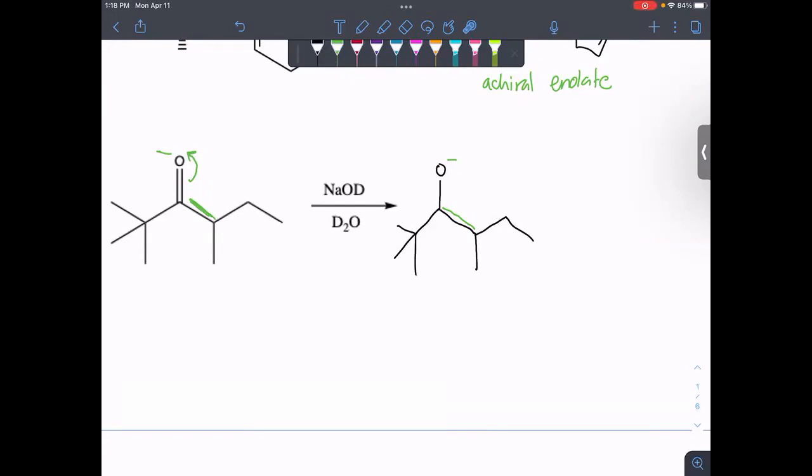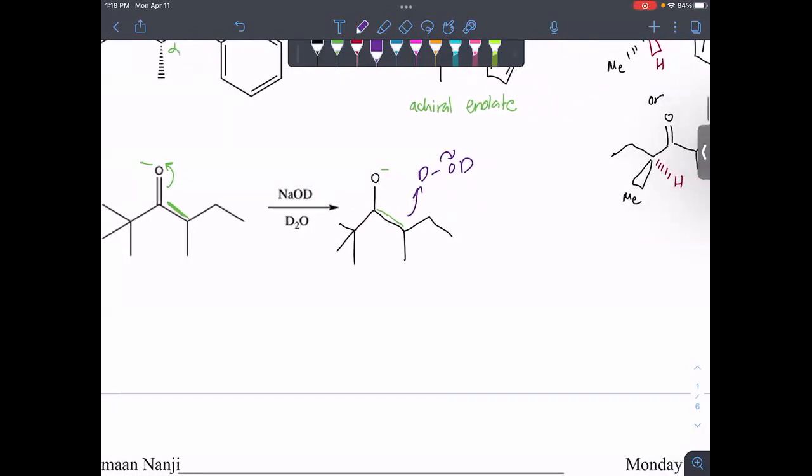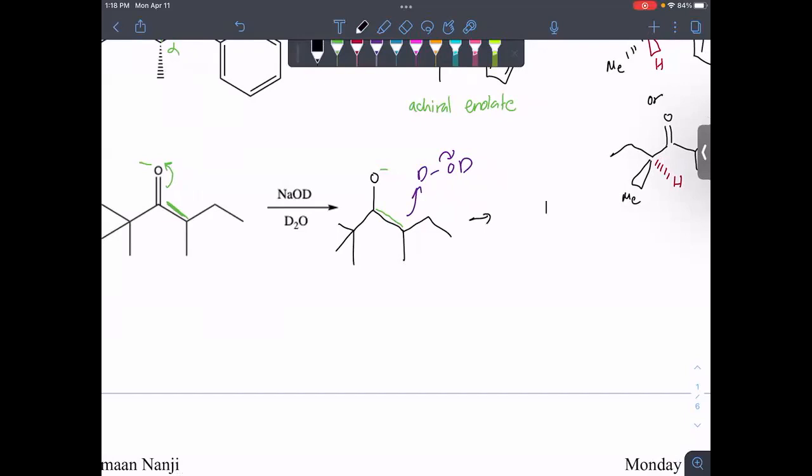So the important thing to note here is that you have deuterium. So instead of leaving it as an invisible hydrogen, you're going to have to label it as a D. So when the enolate goes back and attacks, we get two products again.